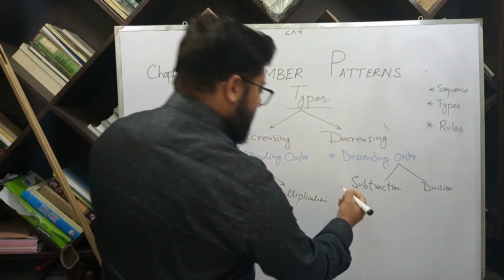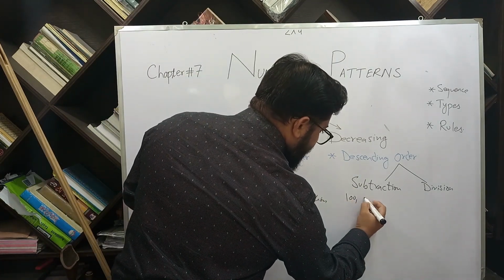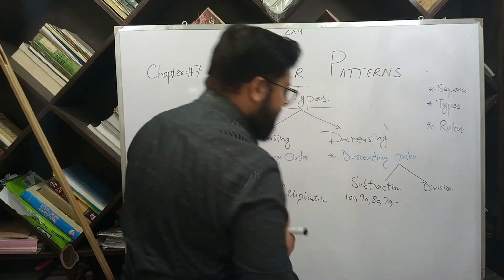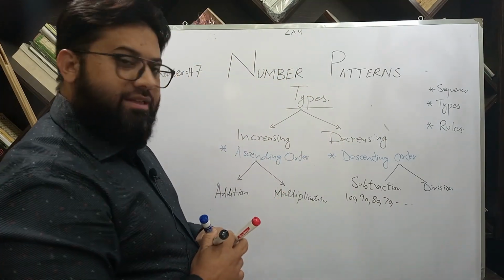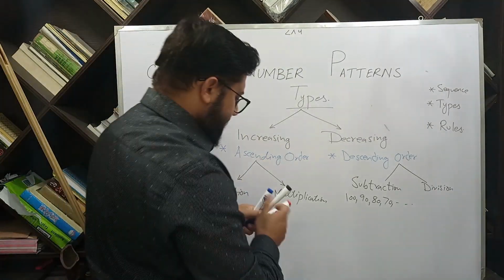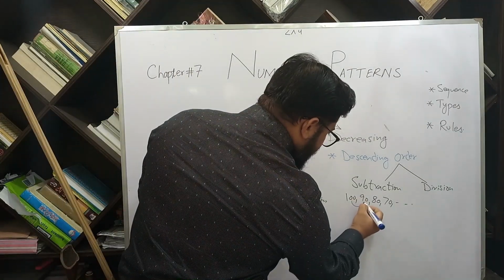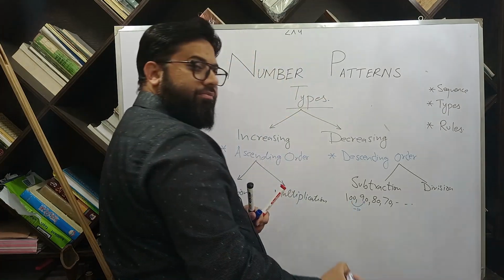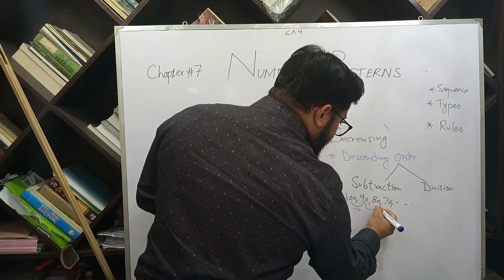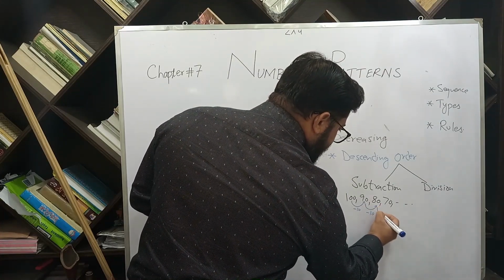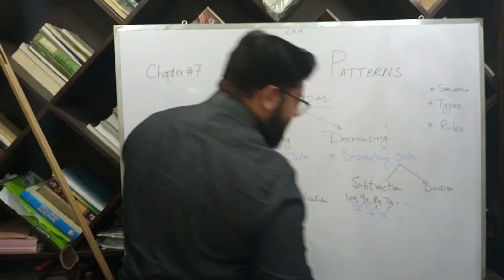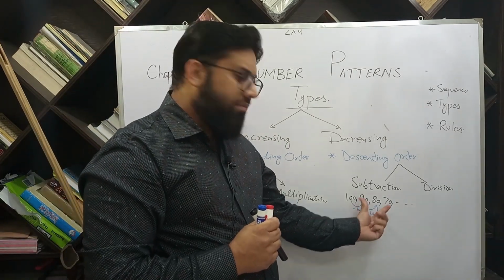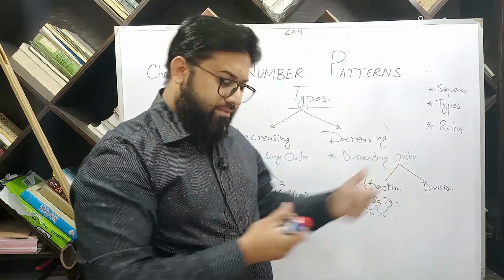For example, 100, 90, 80, 70 and onwards. You can see the numbers are in descending order. From 100 to 90, we have subtracted 10. 90 to 80, minus 10. Every time you are subtracting 10 from each term to get the next term.